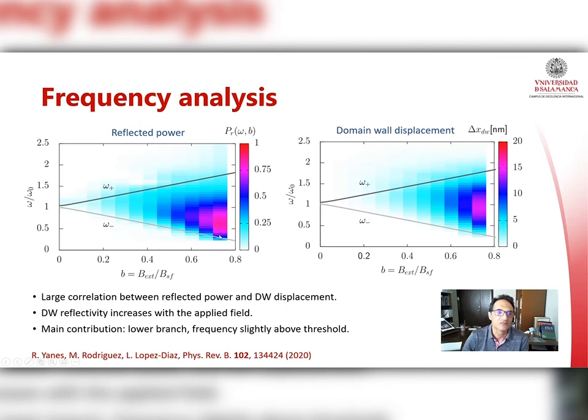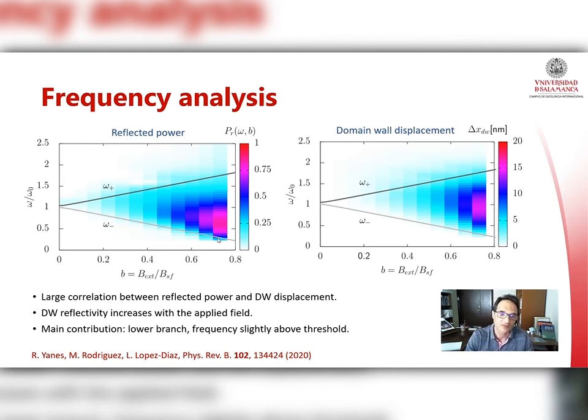The maximum reflectivity, the maximum domain wall displacement occurs slightly above the threshold of the lower branch. So our main conclusion is that it's mainly these magnons here above the lower branch that contribute to pushing the domain wall towards the right.